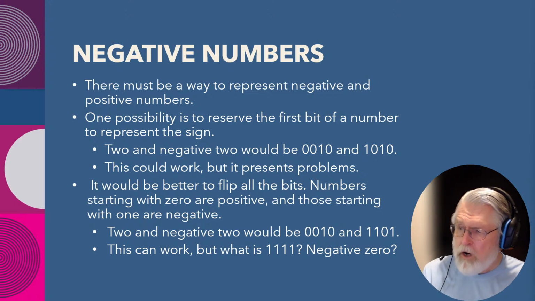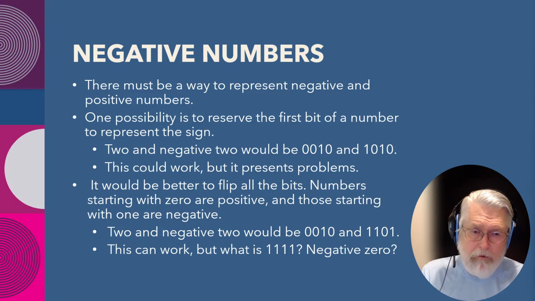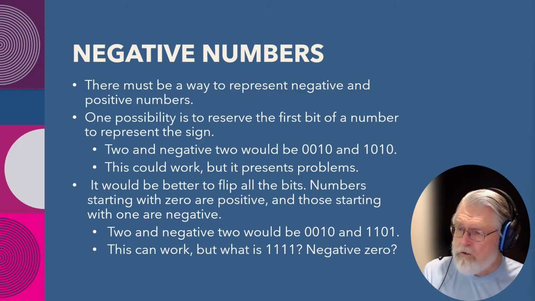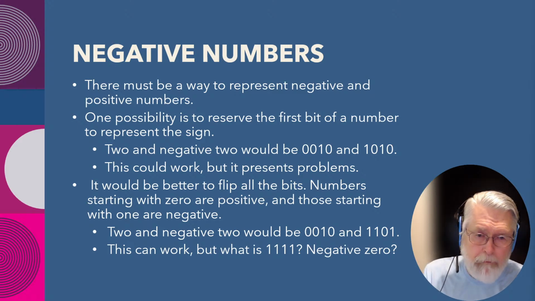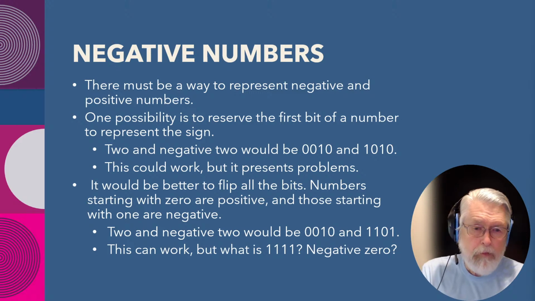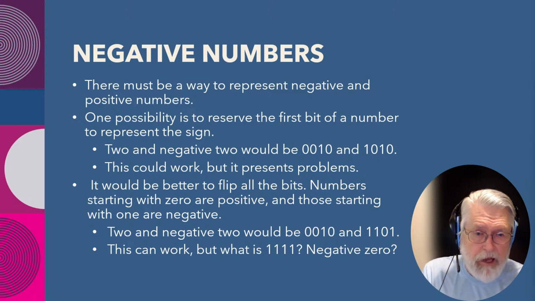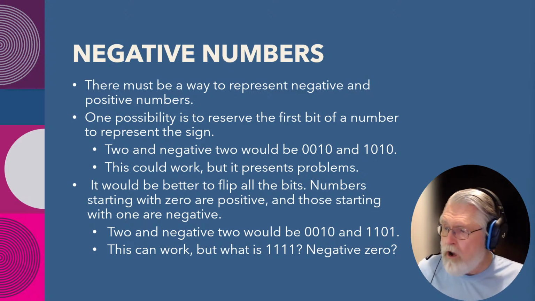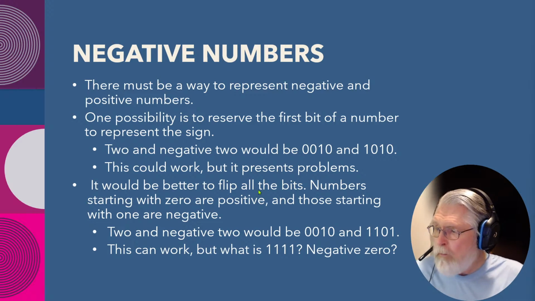A better way to indicate negative numbers in binary than what we've just seen is what is called the ones complement. And the ones complement is to take the complement of a number as its negation, as its negative.